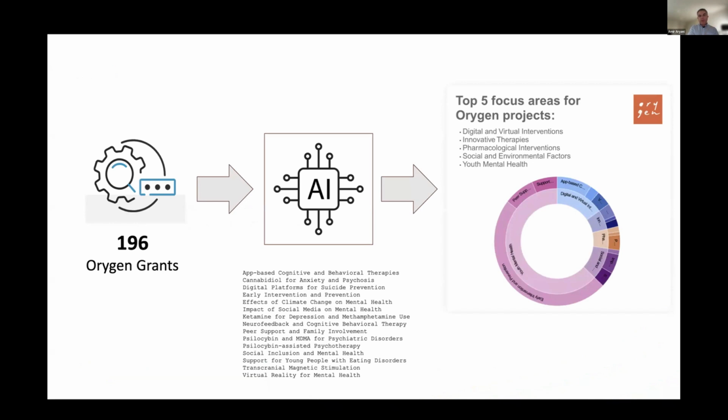It doesn't go to those 4 classes anymore; now it has a different nuance. It tells us that Origin has expertise or capability around digital and virtual intervention, innovative therapies, pharmaceutical interventions, social and environmental factors, and youth mental health. And then there are subclasses of this in another level, so it's truly the actual topic.